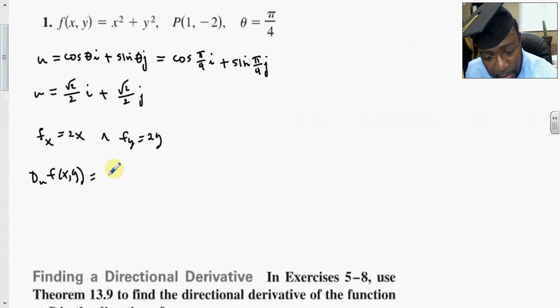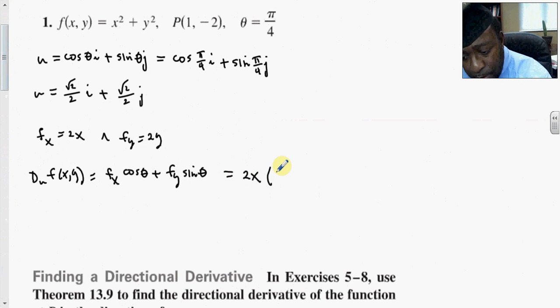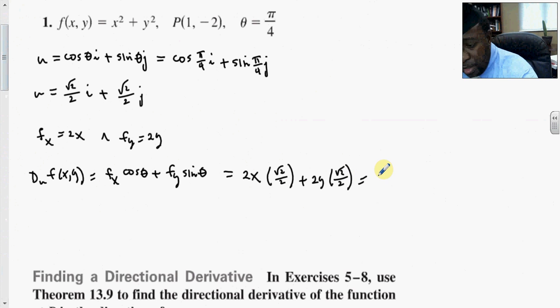So based on the formula, it's set to be the partial of f with respect to x times the cosine theta plus the partial of f with respect to y times the sine theta. So this gives us 2x times the square root of 2 over 2 plus 2y times the square root of 2 over 2. Now you can simplify that, and that looks like it's x times the square root of 2 plus y times the square root of 2.